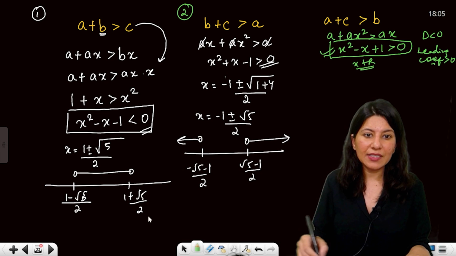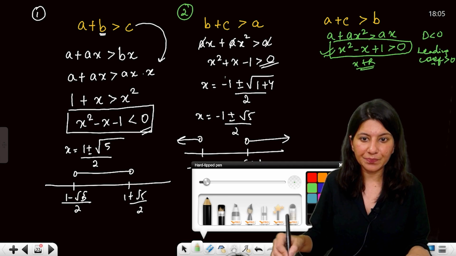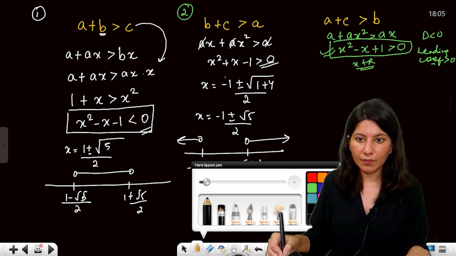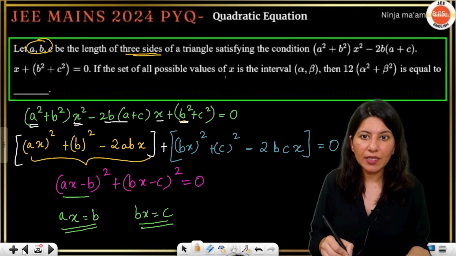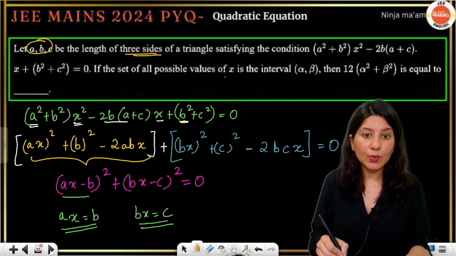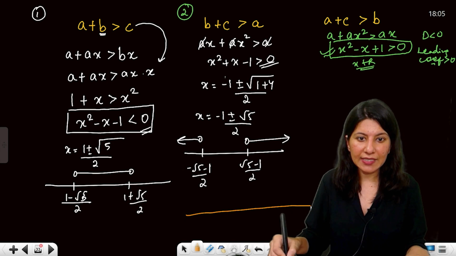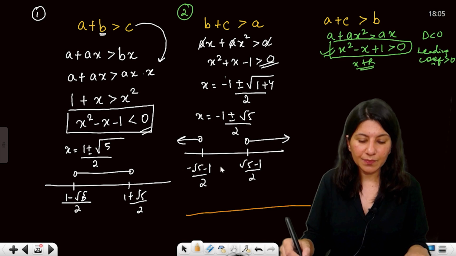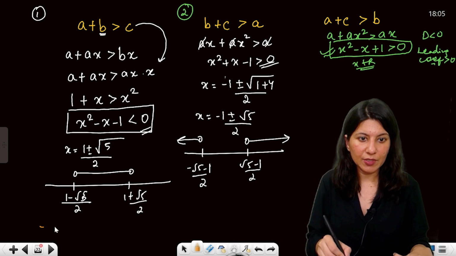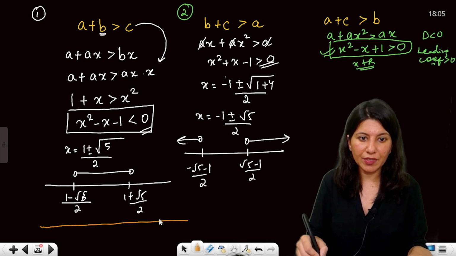So now let's take intersection. What are they asking, by the way? Interval they are asking, okay? So 1 plus root 5 by 2. If I take intersection, let me just plot this over here.